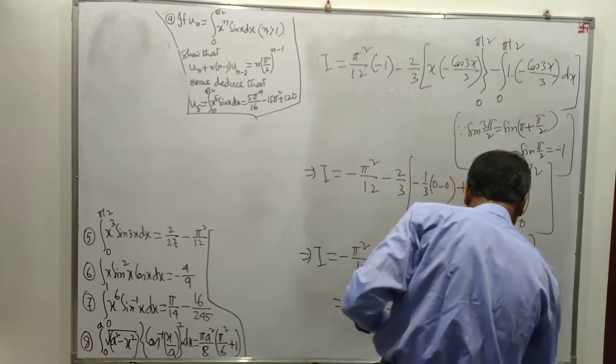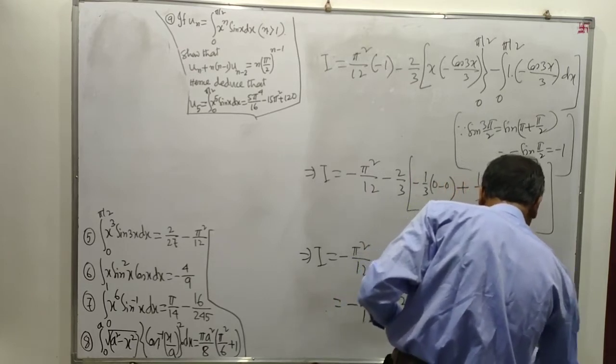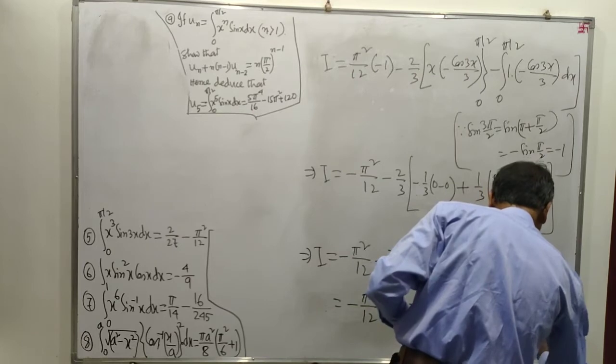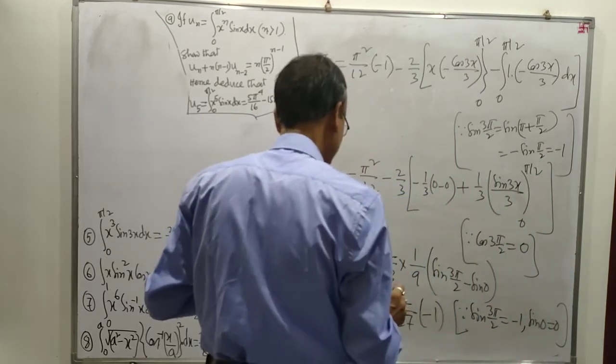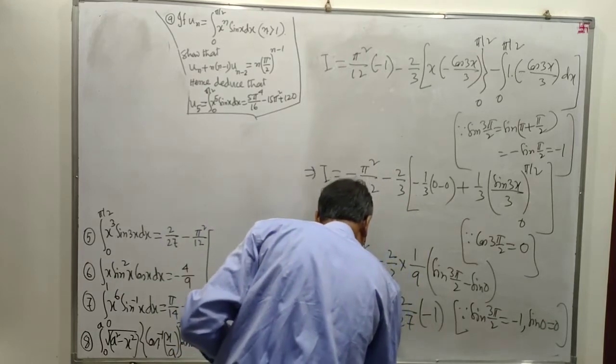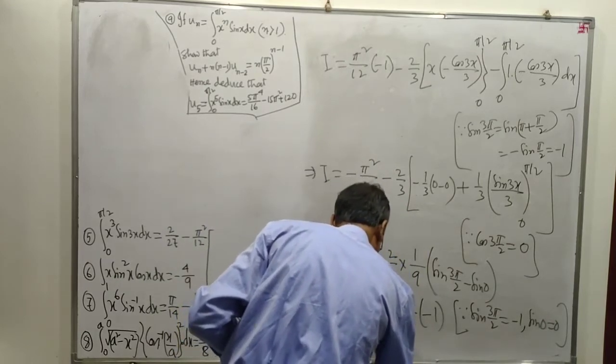Since sin thrice pi by 2 equal to minus 1, and sin 0 equal to 0. Therefore, this is equal to 2 by 27 minus pi square by 12.